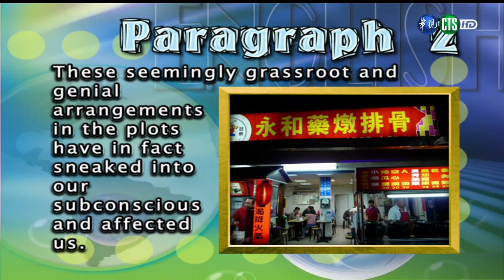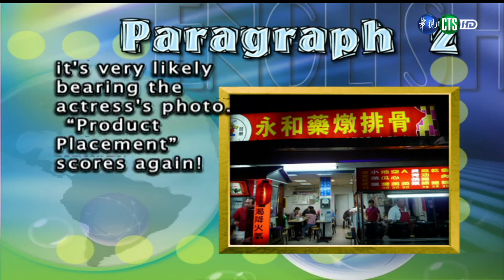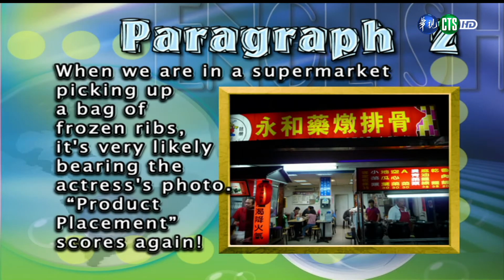When we are in a supermarket picking up a bag of frozen ribs, it's very likely bearing the actress's photo. Product placement scores again.